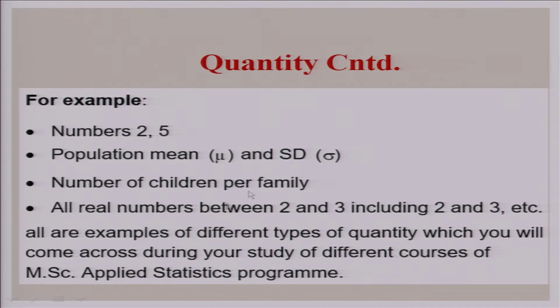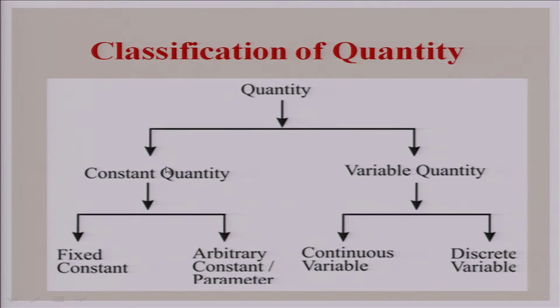So those are also in the number category. Number of children per family is also a quantity. All real numbers between 2 and 3, including 2 and 3, are also examples of quantity. And we will use these types of quantity in different courses of this program.